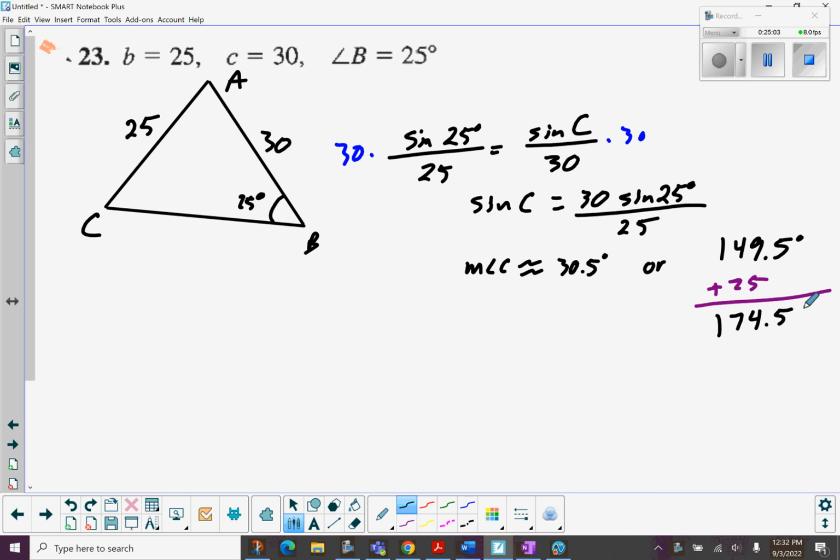There's not a lot of room left, but yes, there is room left. So we could say then that the measure of angle A is a measly 5.5 degrees. So we could get this and this as the two missing angle measures. So that means we have two solutions here.